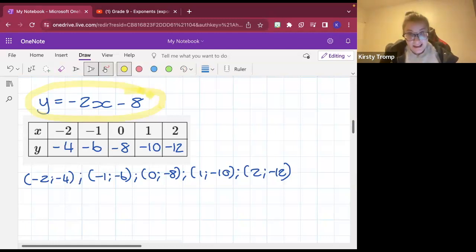If they had just given you points to plot onto the graph, then you don't have to join them with a ruler. But when they give it to you as an equation, you have to join those points with a ruler, and you have to label that equation.